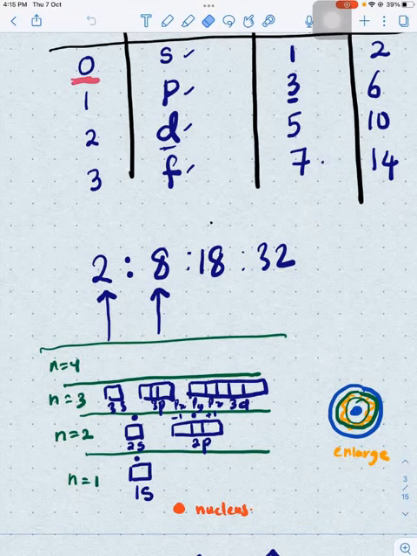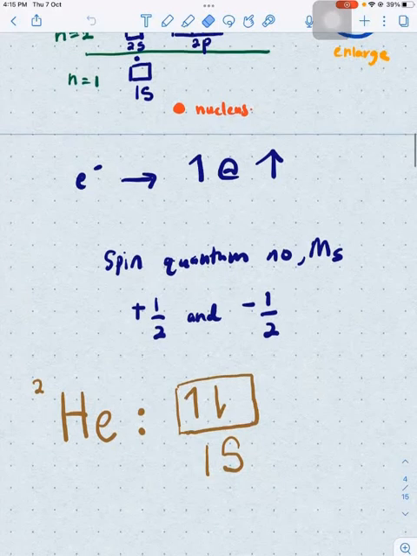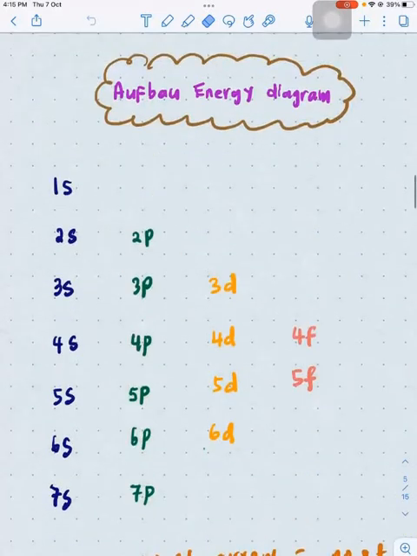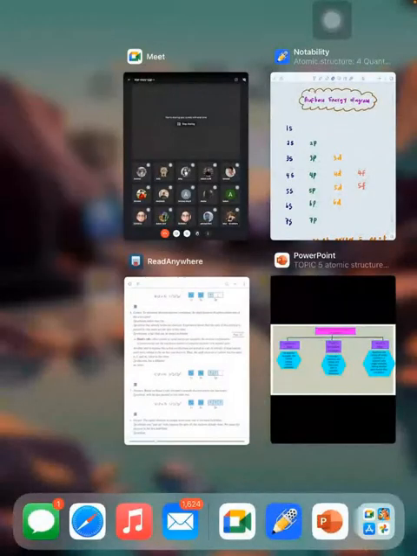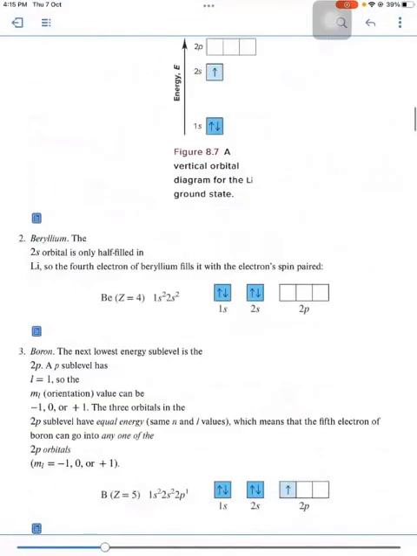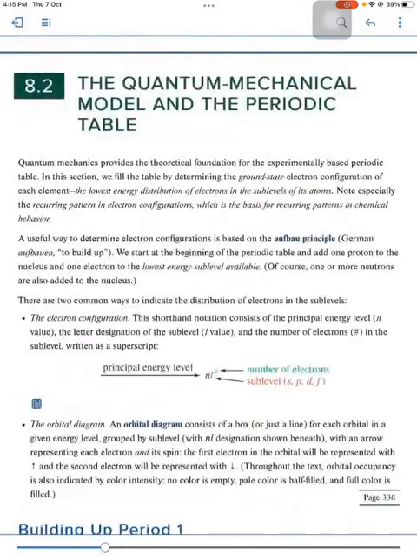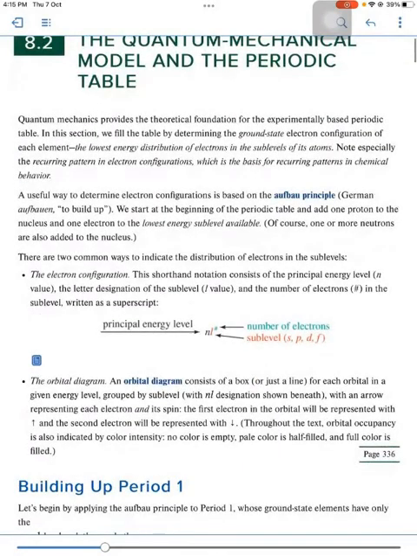So Aufbau ni dia ada its own arrangement of energy yang you all kena ikut. Okay, dalam buku dia sebenarnya tunjuk dalam bentuk lain. Sekejap, I show you. So you can find Aufbau on page 336. On page 336, you can refer to paragraph number 2.